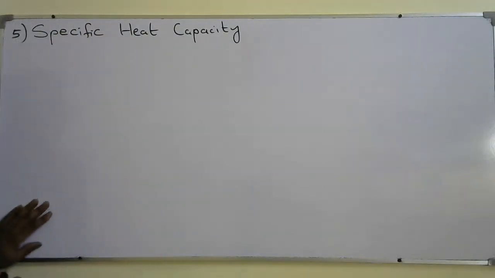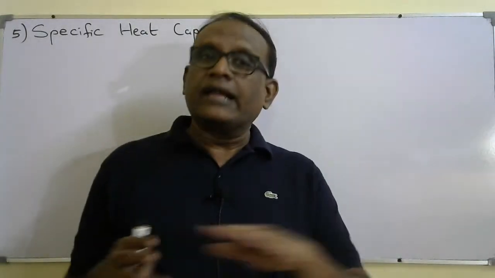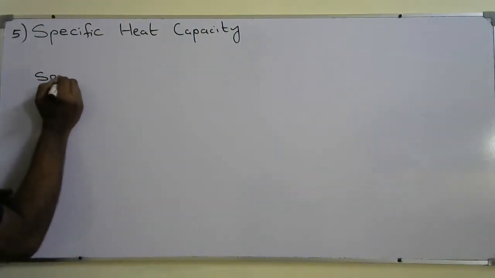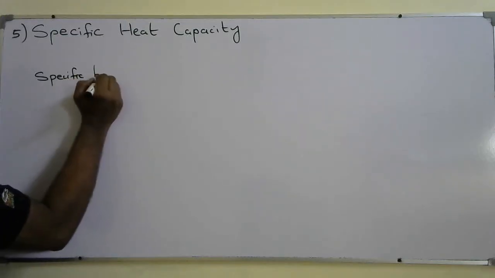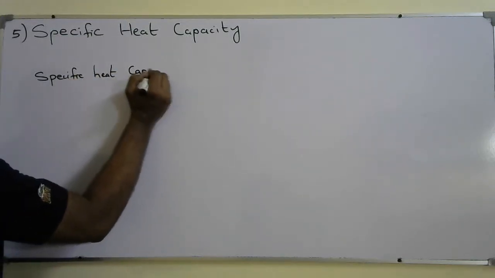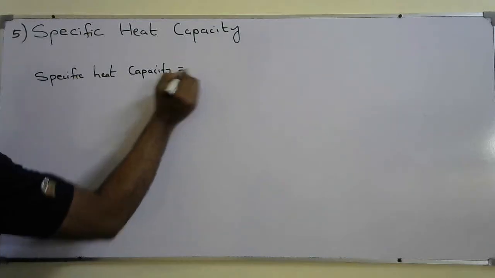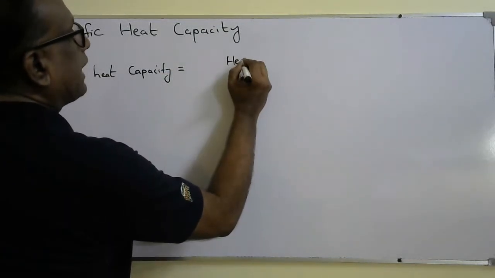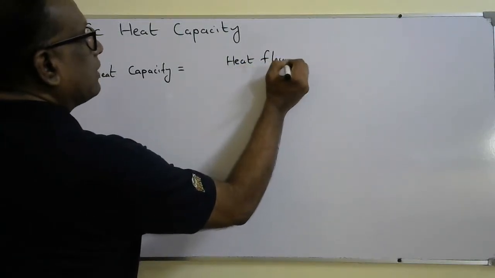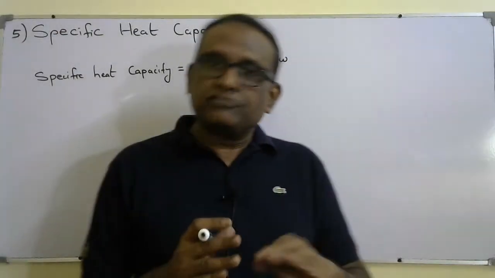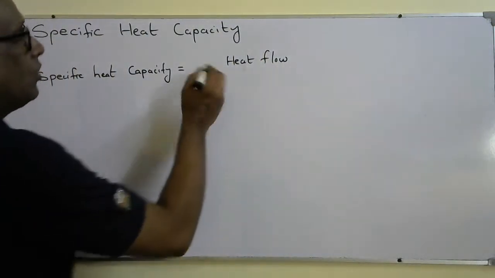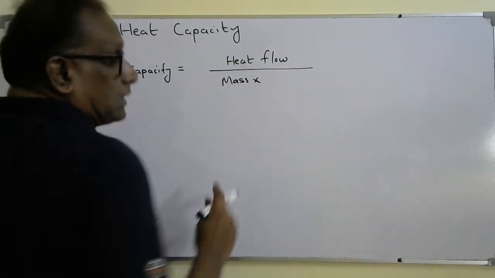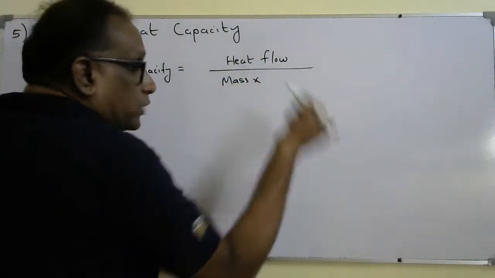So when we define it, you don't need to write in terms of words, you can give it in an equation format also. So specific heat capacity equals heat transferred, heat flow, we can say heat flow. It could be heat flowing to the substance or heat flowing out of the substance, either way, heat flow divided by mass, because unit mass, into change in temperature, that is unit change in temperature.